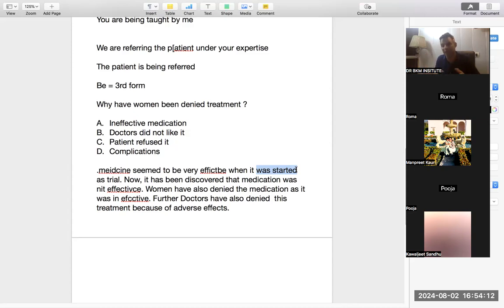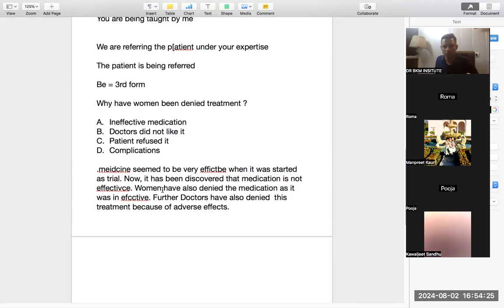Now it has been discovered by the researchers, or by the scientists, that medication, again present, is not effective. Women have also denied the medication as it is ineffective. Again, there were complications in this question because even in this, they are saying medication is not effective.